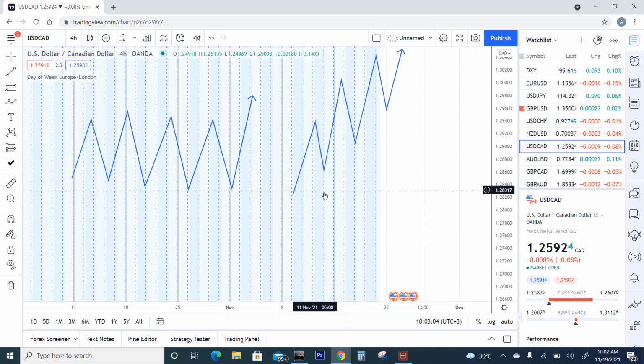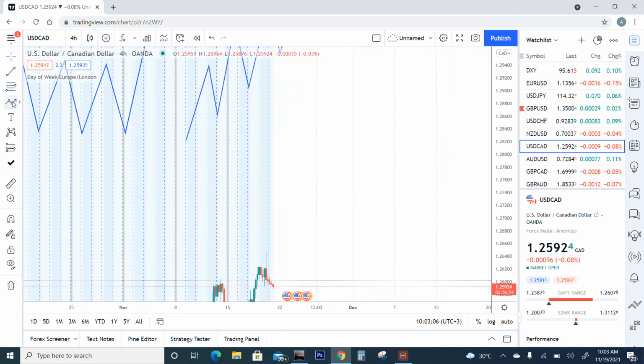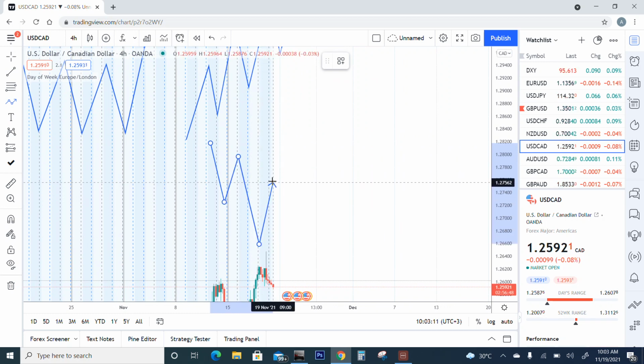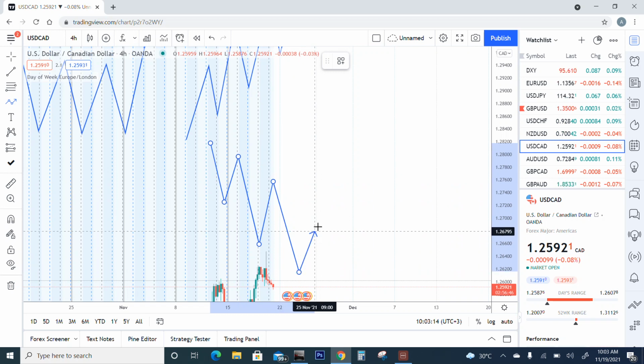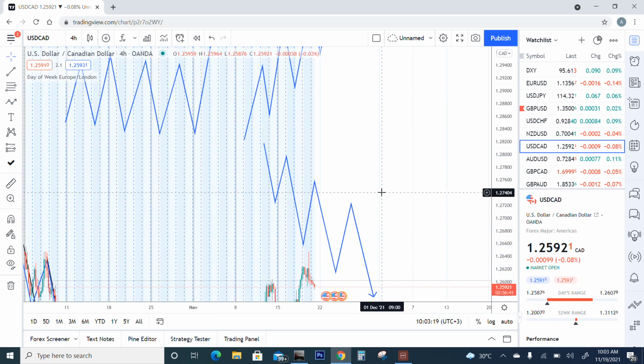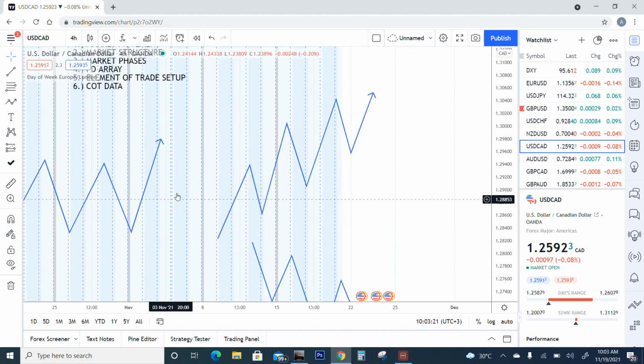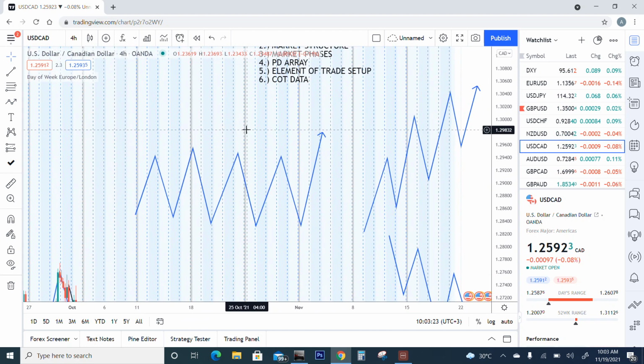And when the market is going down, it's doing the same thing: making new lows rather than new highs. So there you go, you have a quick overview of market structure. Let's go down to details.